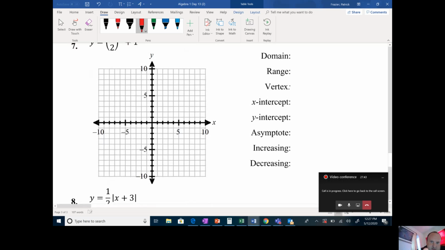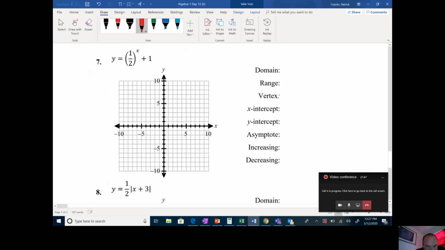So we know that when x equals 0, we're going to be right at 2 over here. And when x equals 1, it's just going to be 1/2 plus 1, which is 1.5.